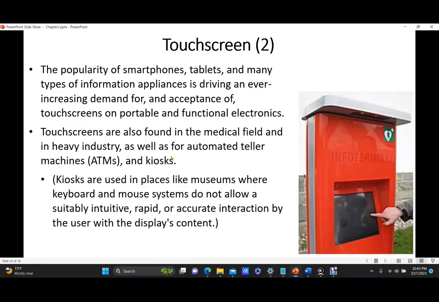Touchscreens can be found in the medical field and in heavy industry, as well as in automatic teller machines and kiosks. Kiosks get used in places like museums where keyboards and mouse systems aren't intuitive enough, fast enough, or good enough for interaction by untrained personnel.